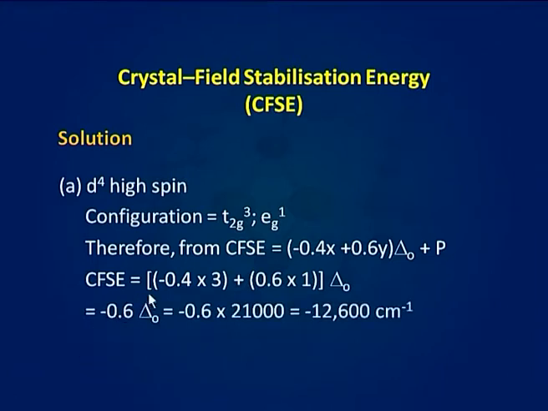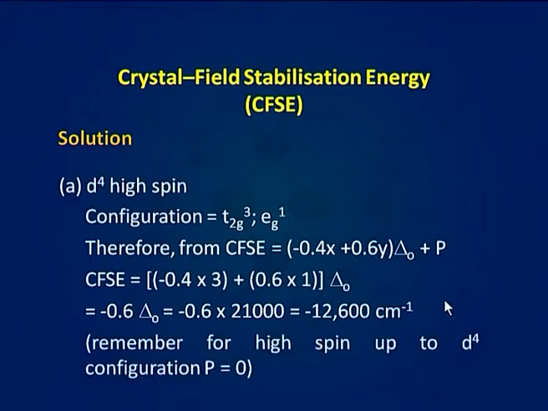So, crystal field stabilization energy will be equal to minus (0.4 multiplied by 3 plus 0.6 multiplied by 1) delta O. Remember that for high spin up to d4 configurations, P is equal to 0.